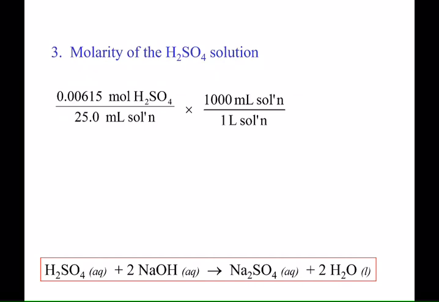So notice now the units, milliliters have canceled. We're left with moles per liter, which is great. How many sig figs do we need to round this to? We're going to round it to 3 sig figs because there's 3 here in our moles of H2SO4. And remember, don't forget that trailing 0 after a decimal is significant, so we round it to 3.